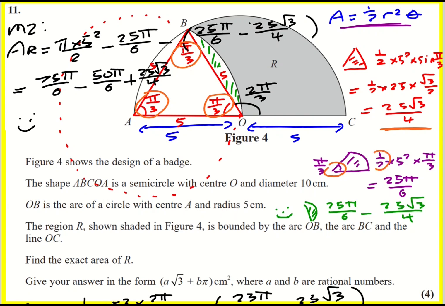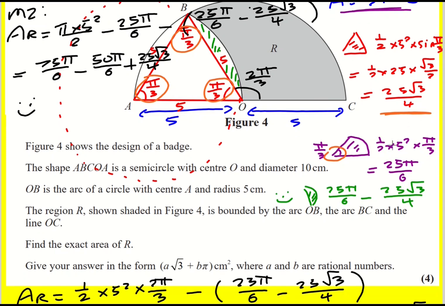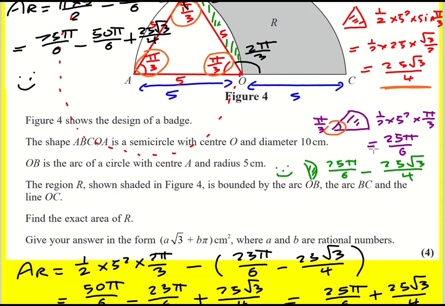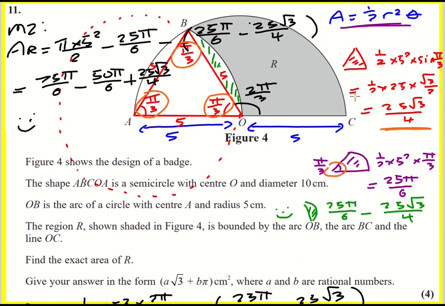You'd get the same thing, because the half times the third gives you the 1/6. And then from that point on, everything's identical. So by all means, use degrees here. The question does not say you have to use radians. But it's still good to practice using radians because other questions will make you use it. So that's why my main solution went for it that way. Well done.